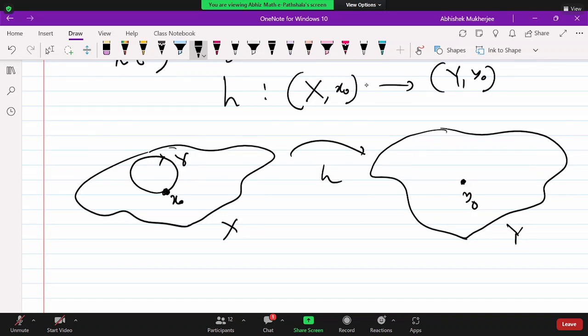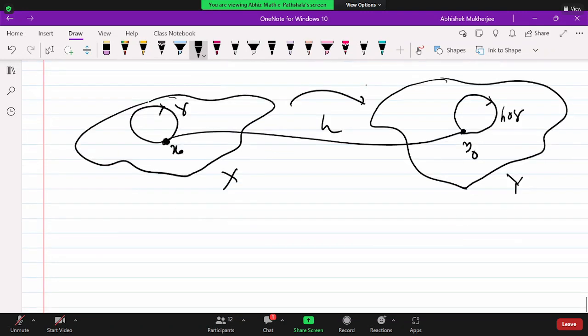This is y naught. So this h will give you some association between these two loops. One is gamma, and another one is, if you are composing this gamma with h, then it will be a loop based at y naught. So it is h composed gamma, right?